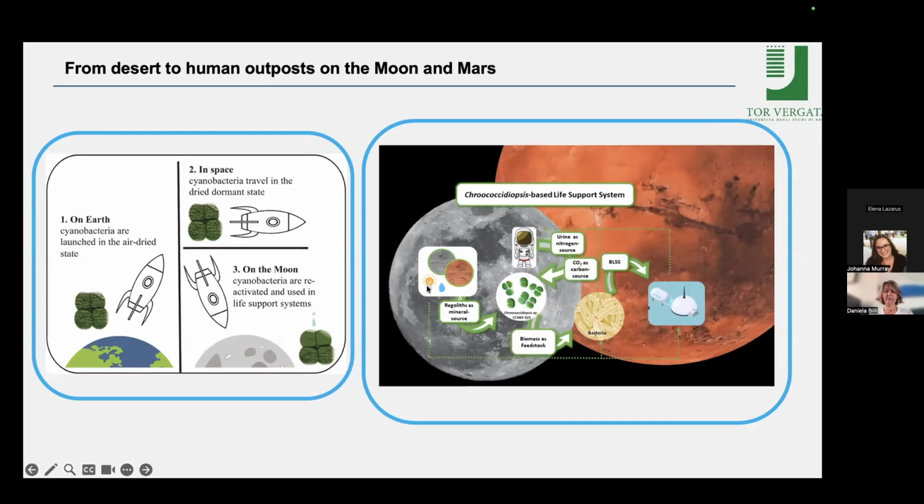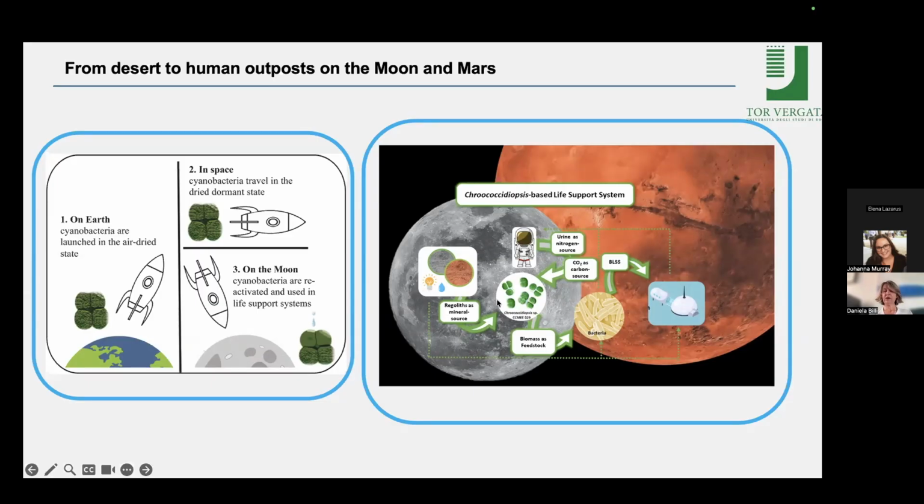First, it is important to cultivate cyanobacteria using in situ resources. This is very easy to do. In the laboratory we use regoliths that are simulants of Moon and Mars soil, and you just need to add some water. Then, of course, you need light.